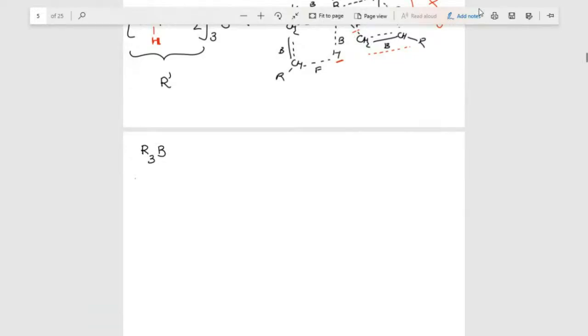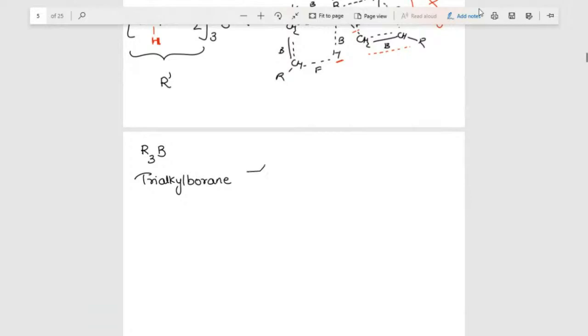This R3B will be named as trialkyl borane. It is a Lewis acid. Yes, boron still has an empty orbital.